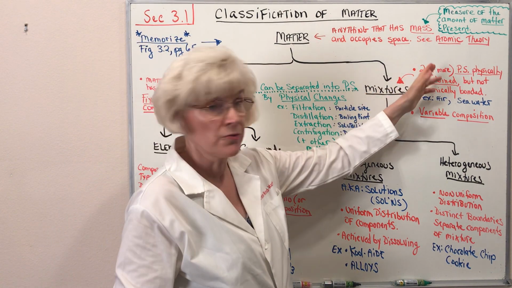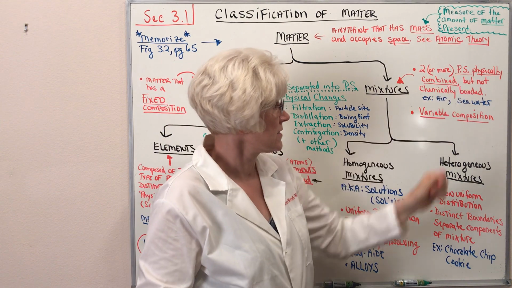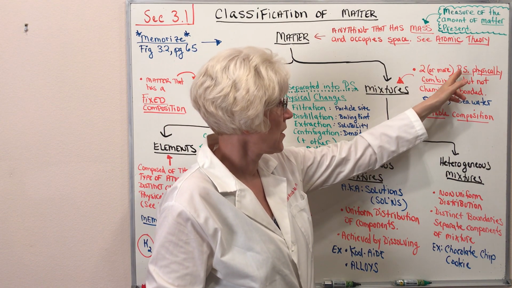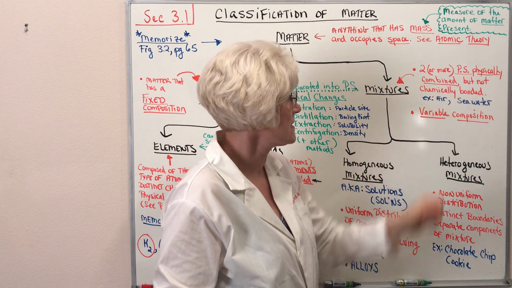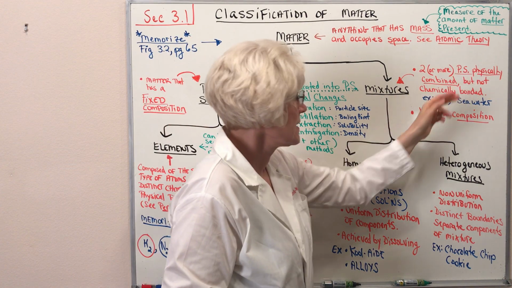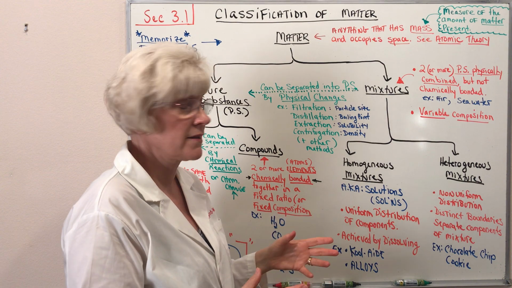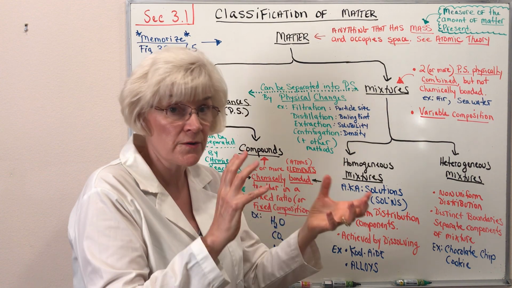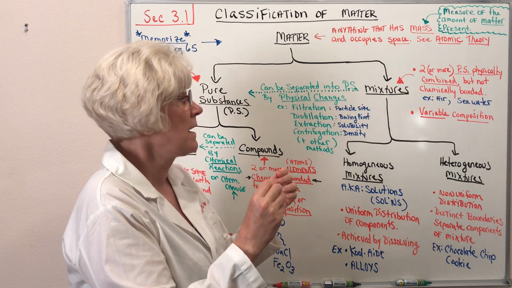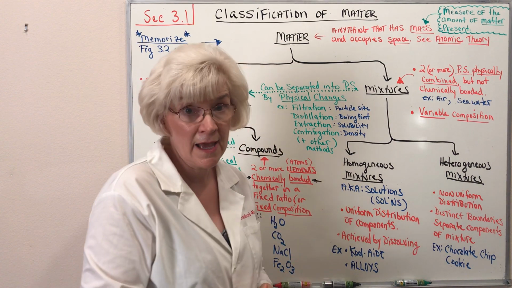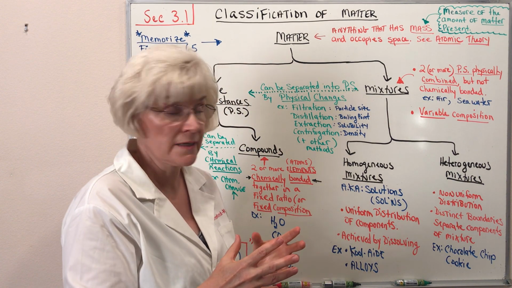Mixtures are two or more pure substances, physically combined but not chemically bonded together. So they're physically mixed, they're in the presence of each other, but they are not chemically bonded together.